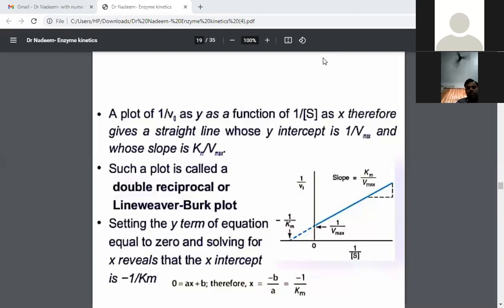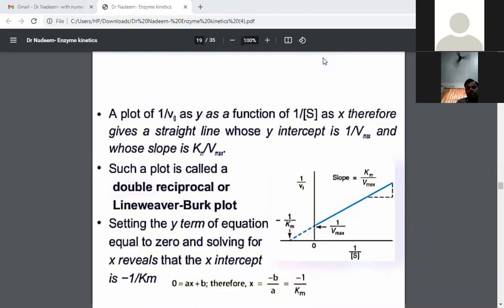In this way the x and y axes are denoted, and when we plot the substrate concentration and velocity, there is a straight linear line whose slope represents Km by Vmax, and the intercept on the y-axis denotes 1 by Vmax.